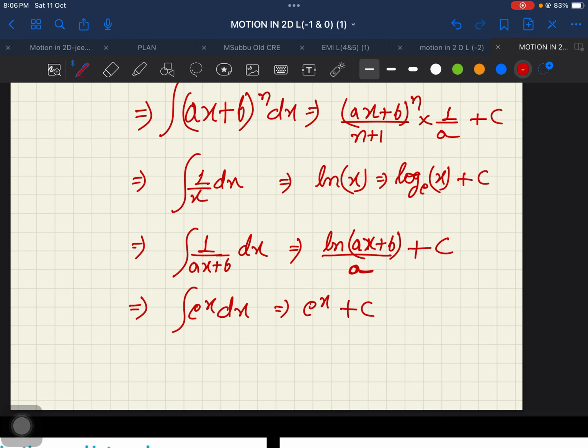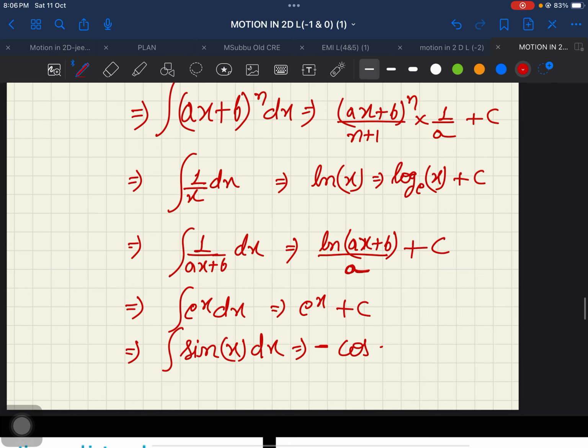Good. Now the next formula is sin x dx. It is negative of cos x. Differentiation of sin x is cos x, but integration of sin x is negative of cos x, plus c.